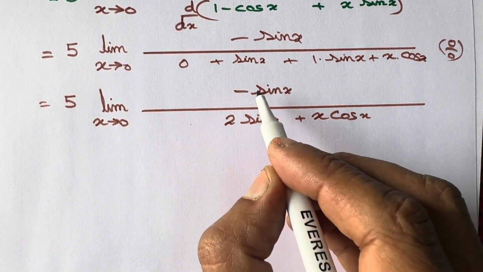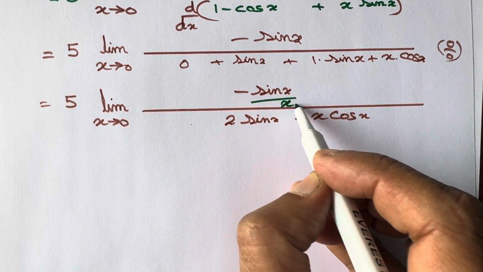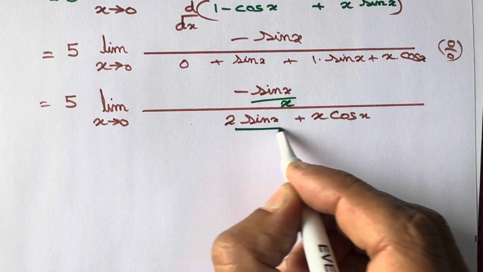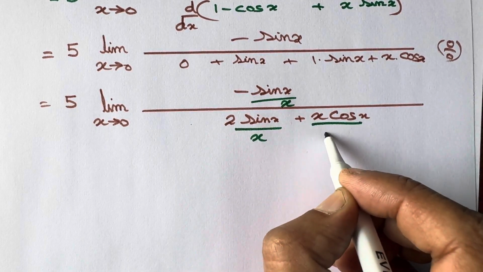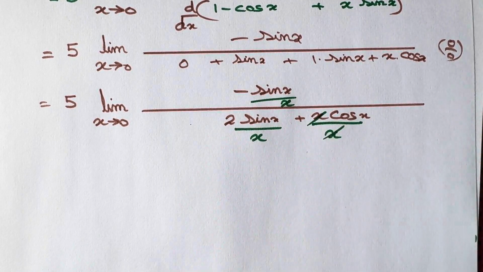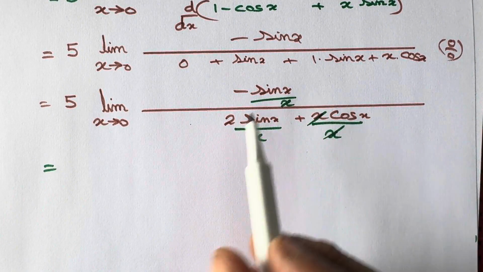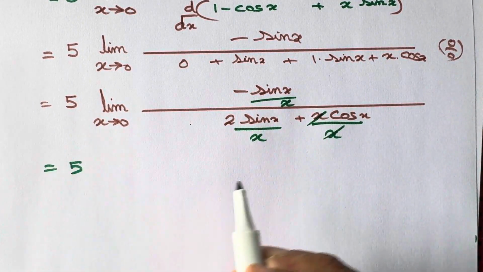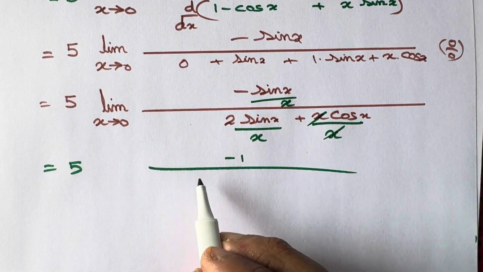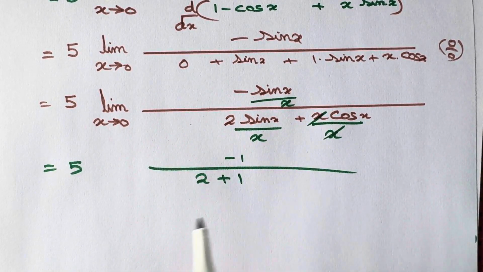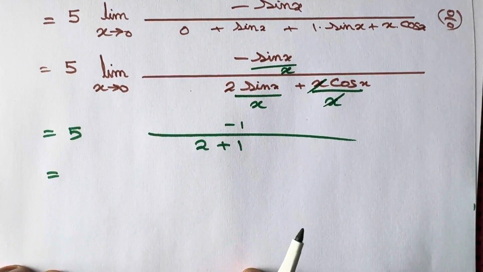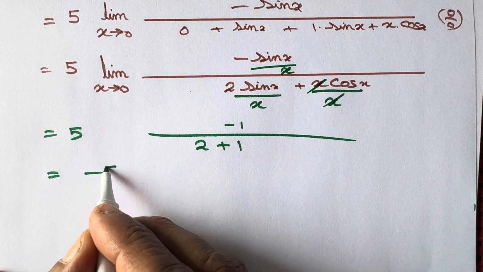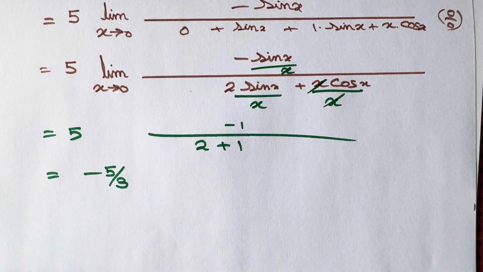We can cancel x out, and we know that limit x tends to 0 sin x by x is 1. So this limit equal to minus 1 divided by 2 plus 1. And finally, we get the answer minus 5 by 3, and yes, we did it.